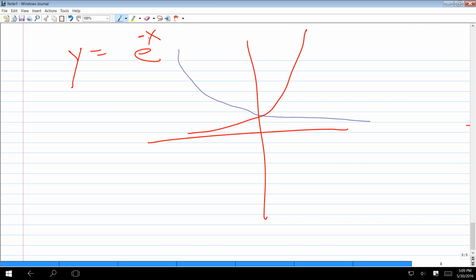You can have reflections over either axis. You can have a vertical shift or a vertical stretch, or you can have a horizontal shift or a horizontal stretch. If I gave you something that had been shifted, and this is what they always want you to do, they want you to tell them how it has been shifted.